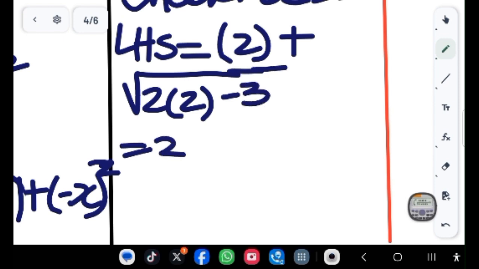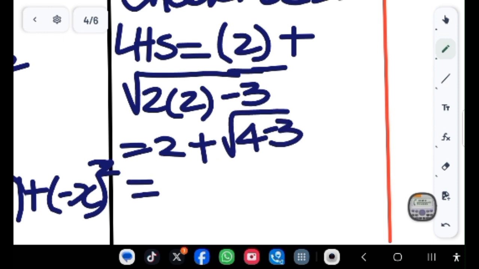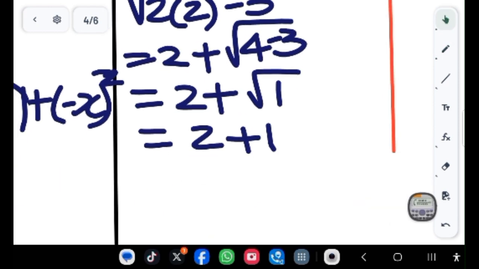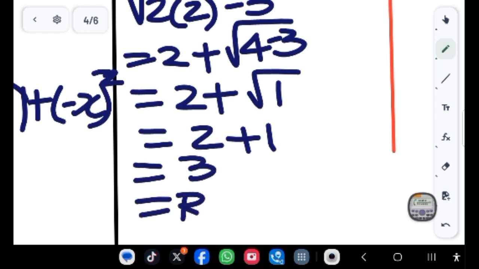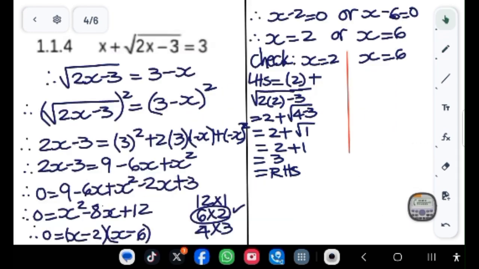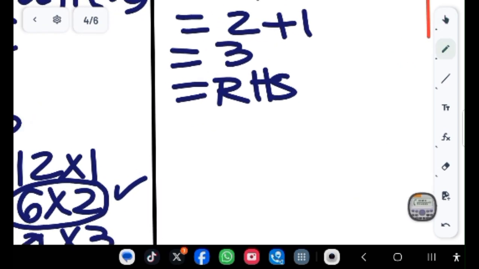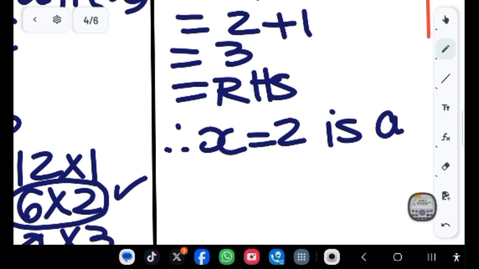That is equals to 2 plus the square root of 4 minus 3, which is 2 plus the square root of 1, and the square root of 1 is 1, so that is equals to 3. Which is equals to the right hand side. Can you see that? Therefore, x equals 2 is a valid solution.